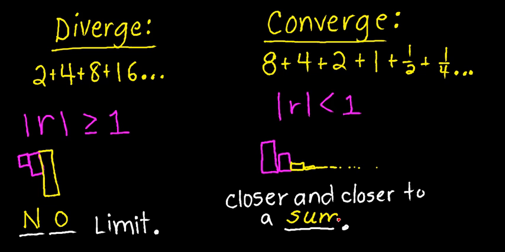Basically each additional term is getting closer and closer to 0 and getting smaller and smaller. And we can actually calculate a number that is the sum that it is approaching, which we'll never reach, but it's approaching. So let's move to the next slide.